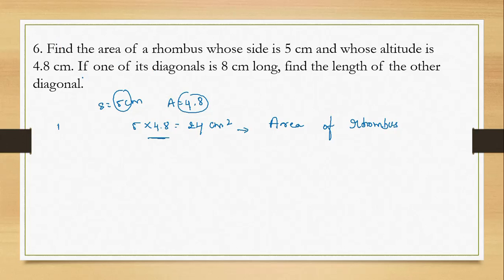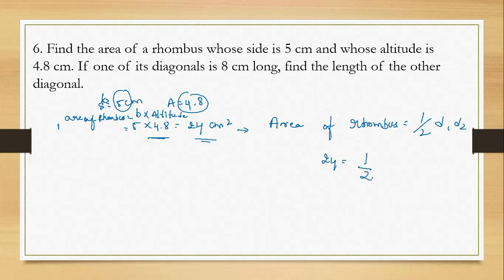We know that the base into altitude formula we use for the area of rhombus. This side we consider as a base and this is altitude. If we multiply, then we get 24 centimeter square. The area of rhombus is equal to half into d1 d2. We know that the area of rhombus is 24.